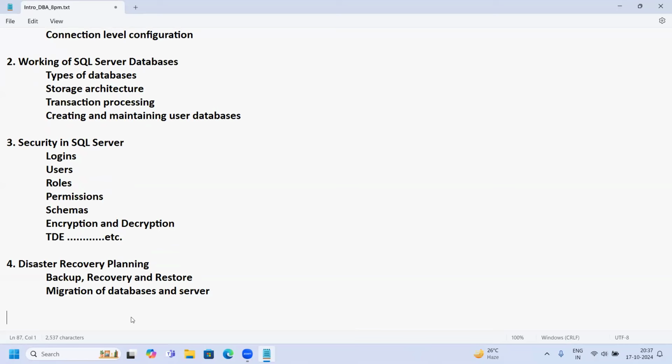How do you do this migration of database? Obviously, there are a lot of things. There are 5 to 6 types of database migration processes we have.